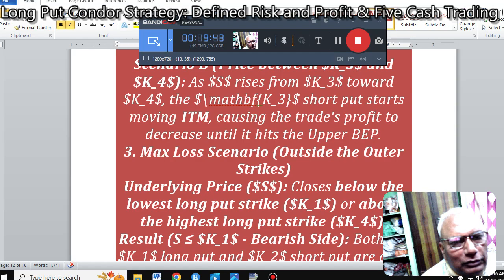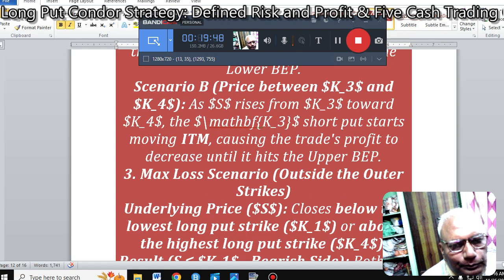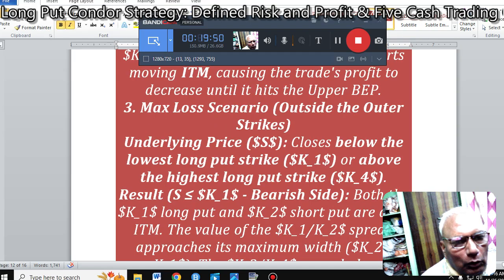3. Maximum loss scenario, outside the outer strike. The underlying price closes below the lowest long put strike or above the highest long put strike.